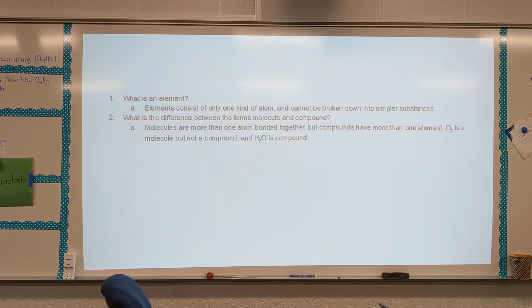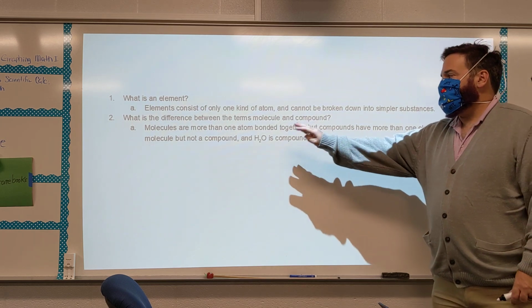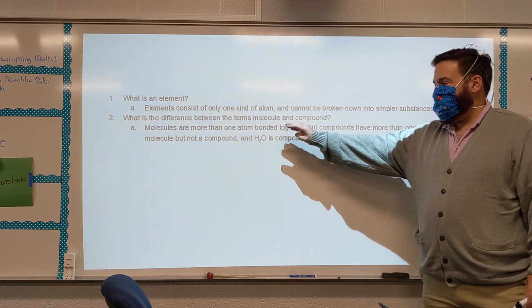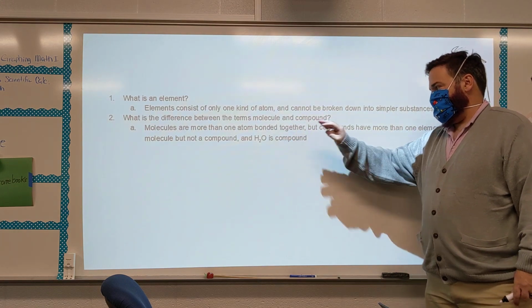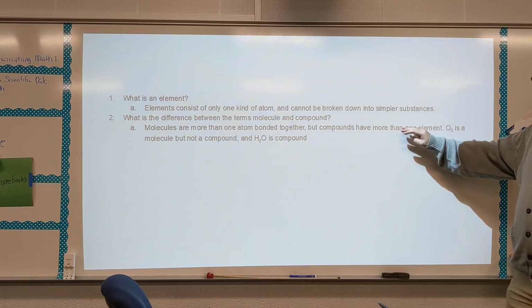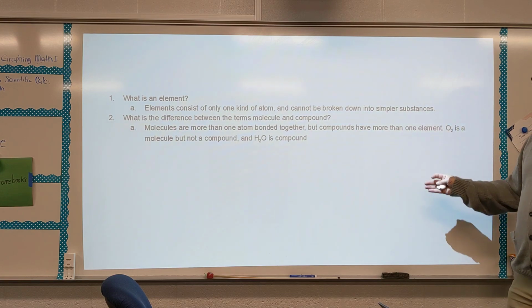I don't know, maybe in high school chemistry you might need to know this difference. I'm not going to test you on this difference. But molecules are any time we have more than one atom bonded together. Compounds have more than one element bonded together.